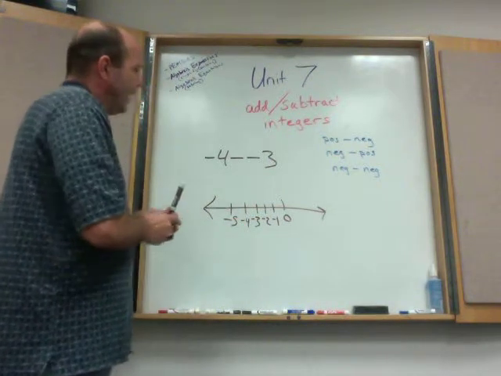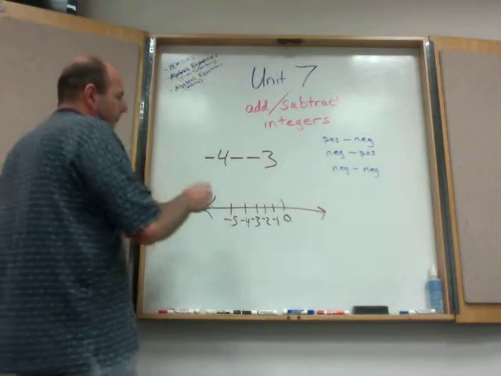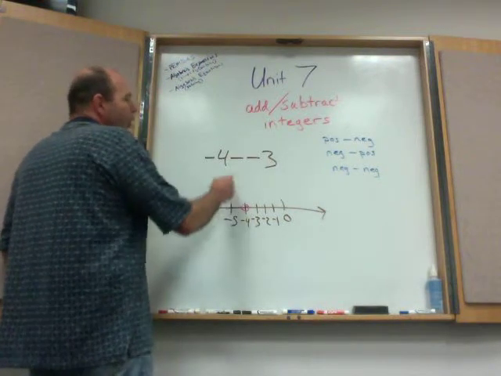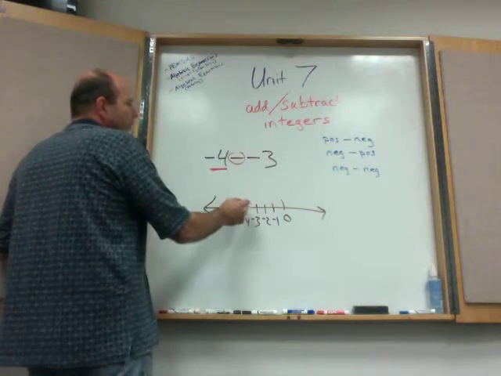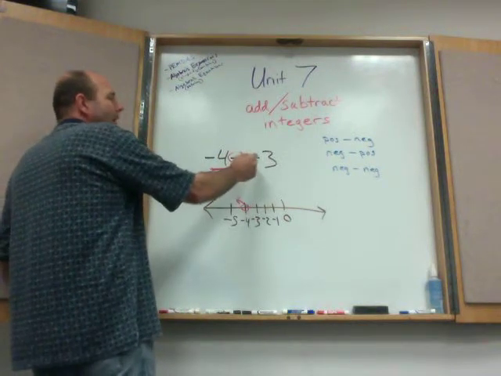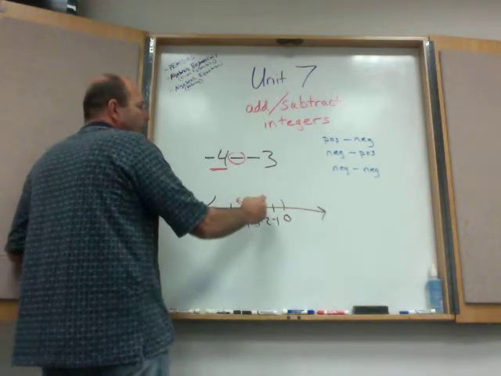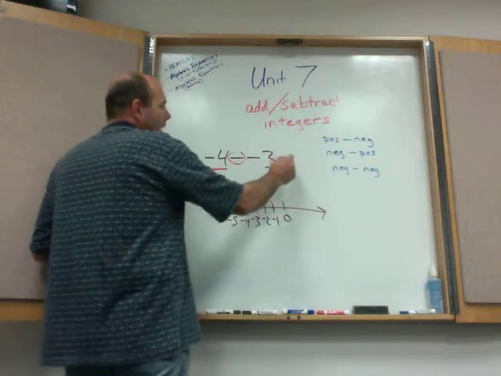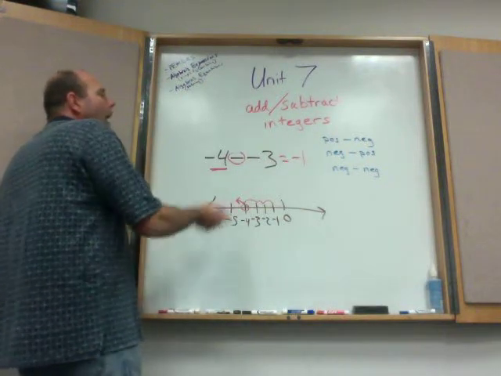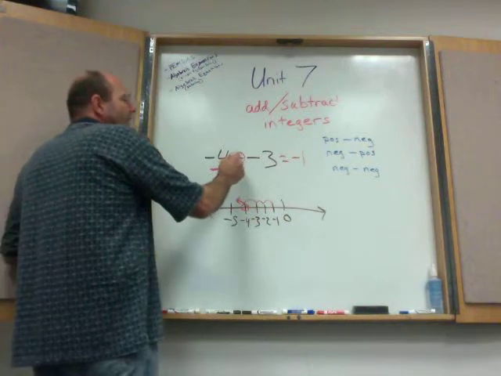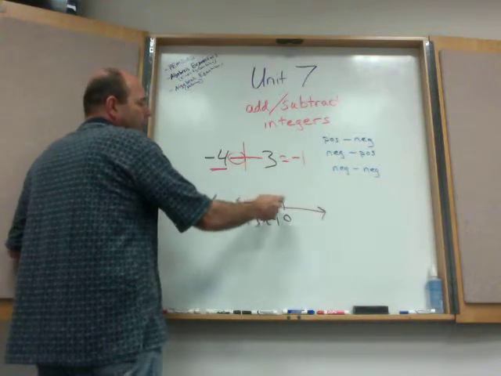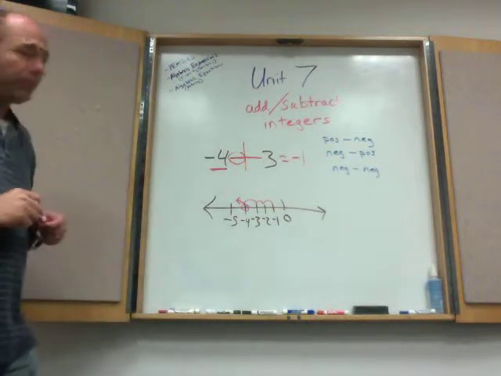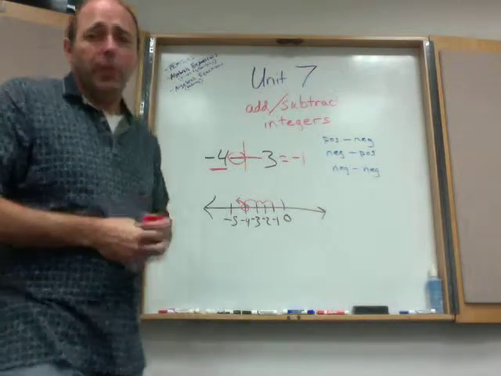Okay, I am starting at negative 4. That's my starting point. Minus tells me to go this direction, but since I'm minusing a negative, I'm actually going to go this direction and end up at negative 1. Again, when you have minus and negative, you can just go ahead and say plus. So I'd have negative 4 plus 3. You can see how that works. Okay, I'm going to stop real quick because I know this is getting long.